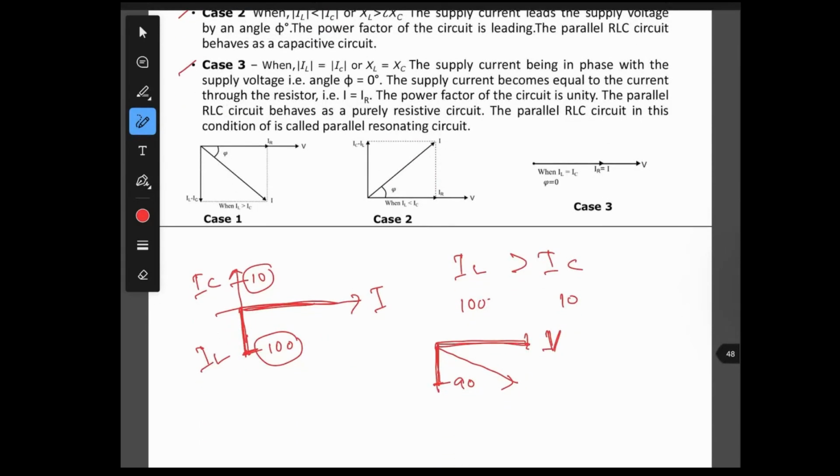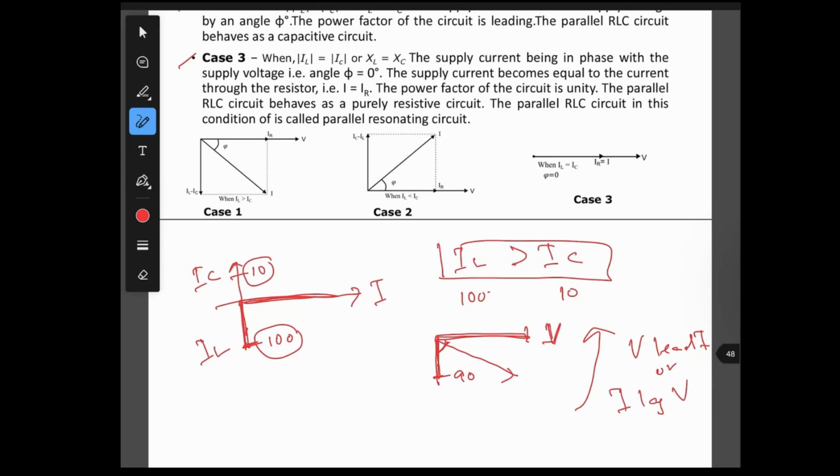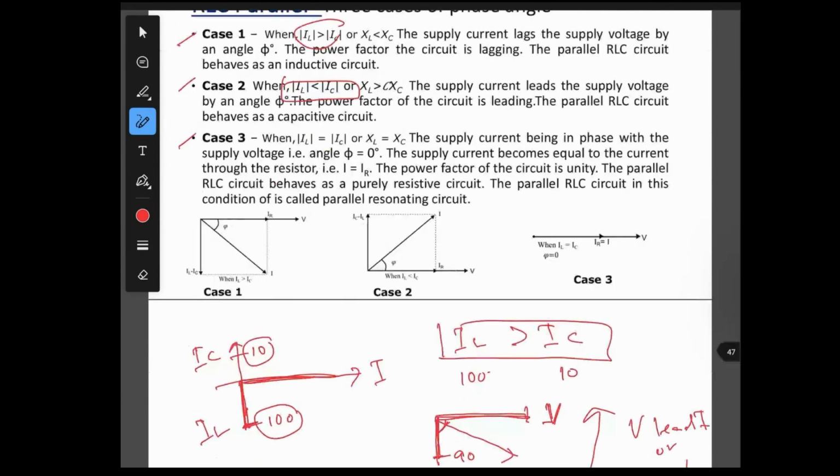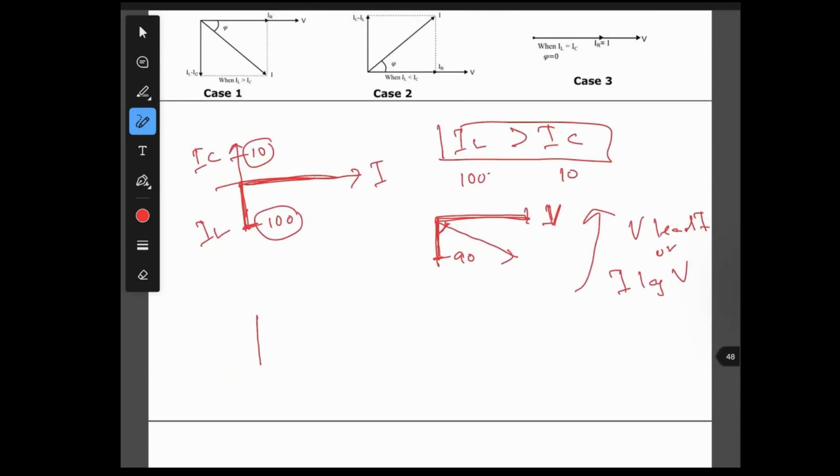So we can say that when IL is greater than IC, the current will be lagging. Current at the bottom. So we rotate it, the current is lagging. V leads I, or I lags V. Case number 2, when IC is greater than IL, for example, IC is 100, IL is just 10.